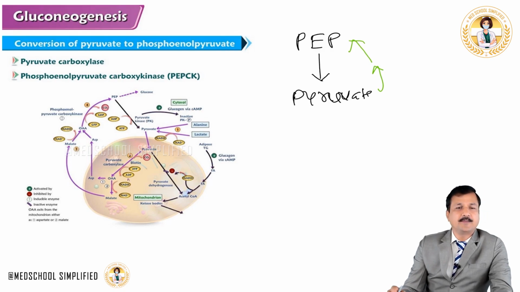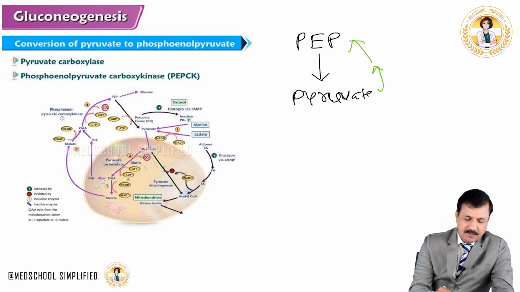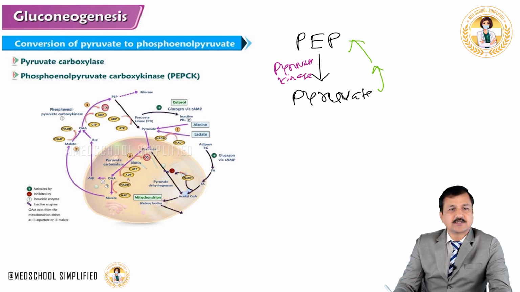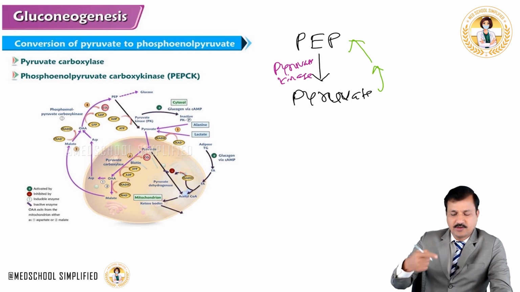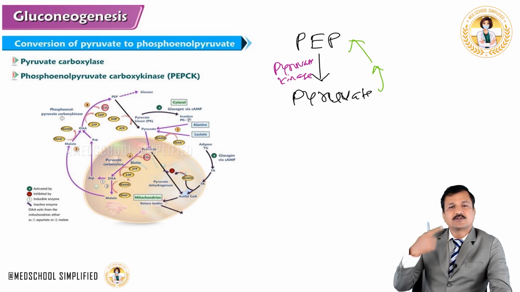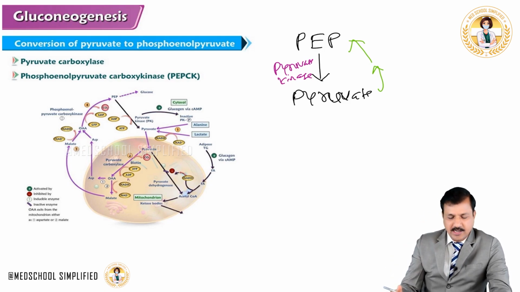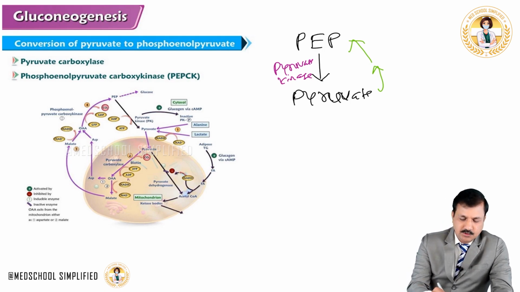We cannot use the same pyruvate kinase enzyme, because phosphoenolpyruvate to pyruvate is done by pyruvate kinase, which is an irreversible reaction. We cannot use the same enzyme to reverse it, and also we don't have a single enzyme to reverse pyruvate back into phosphoenolpyruvate. That's why we have two enzymes to do this.